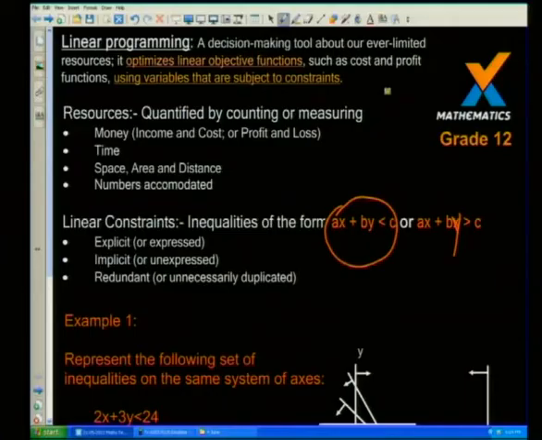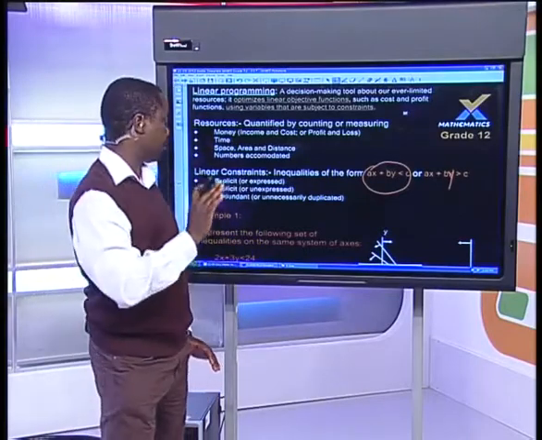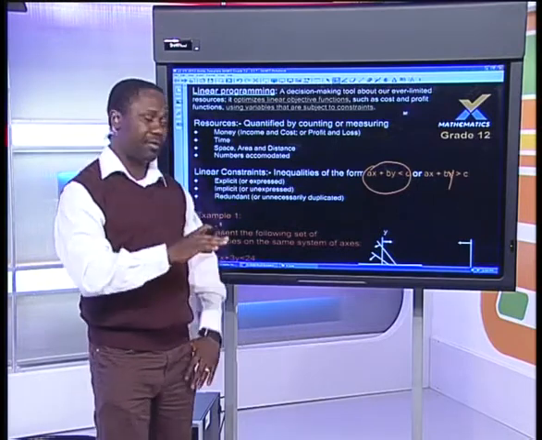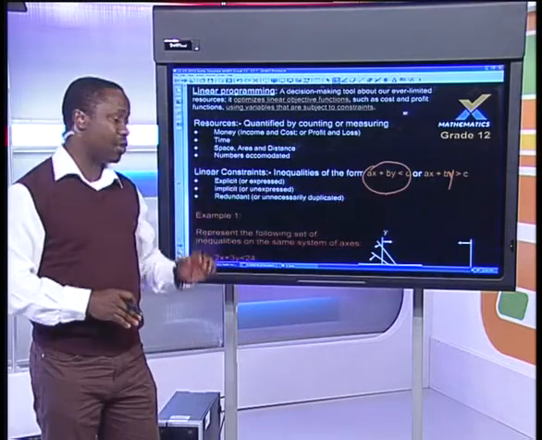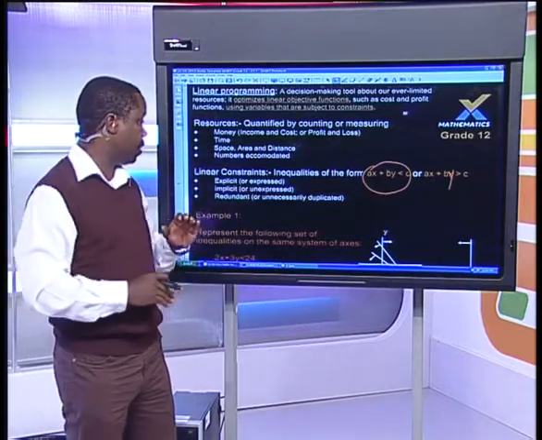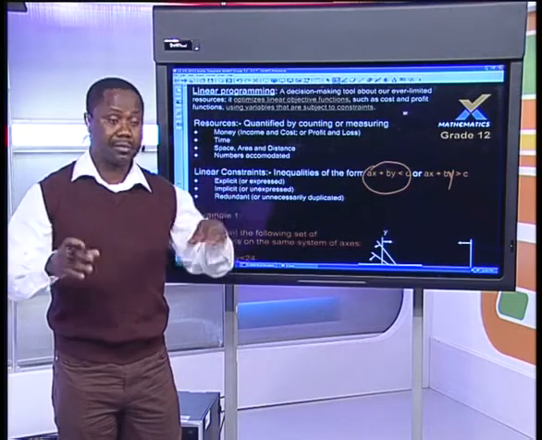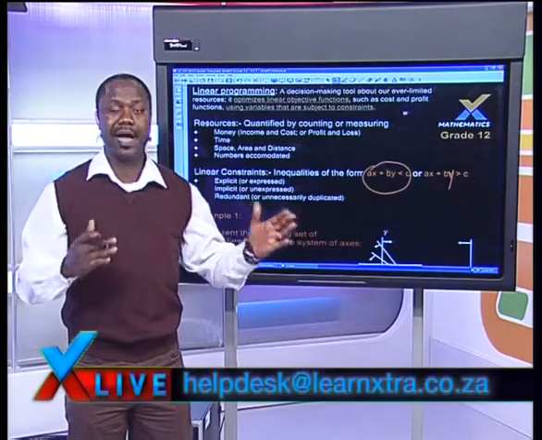And there is a warning here: there are several types of constraints that you have to underline. Your constraints will either be very well expressed, like an equation like that. We call them explicit constraints, or they will be implicit, a bit unexpressed. Like, if I'm going to produce Kumbis and some sedans, there's no way I'm going to produce negative cars.